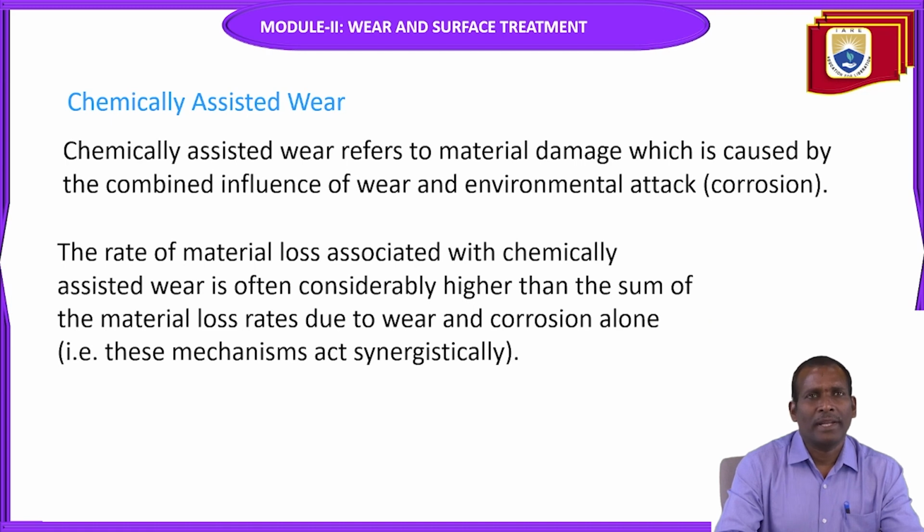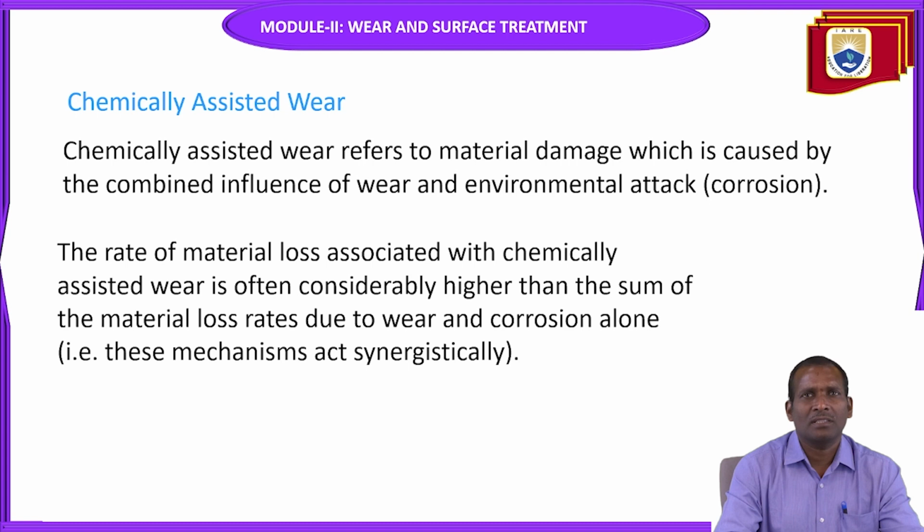So the rate of material, how much material is removed, how much material loss happened, you can calculate as the sum of the material loss rates due to wear and corrosion, and these mechanisms act synergistically. You can calculate the rate of material loss associated with chemically assisted wear.